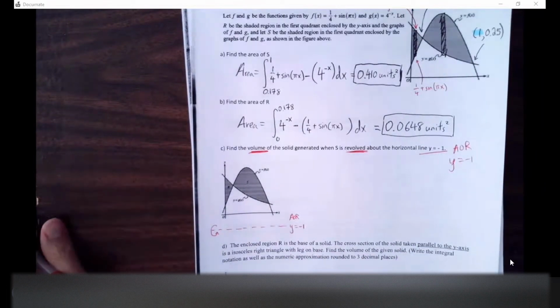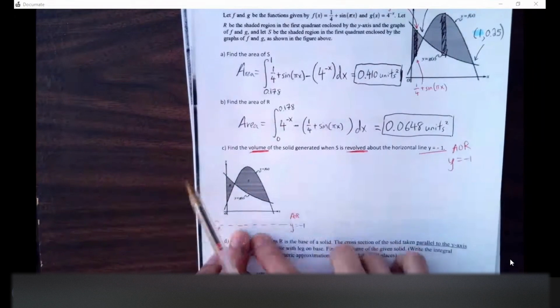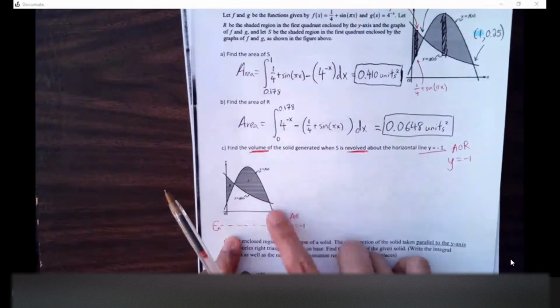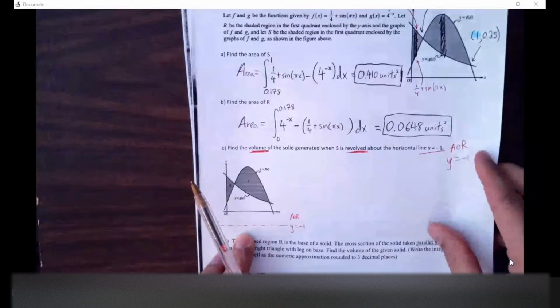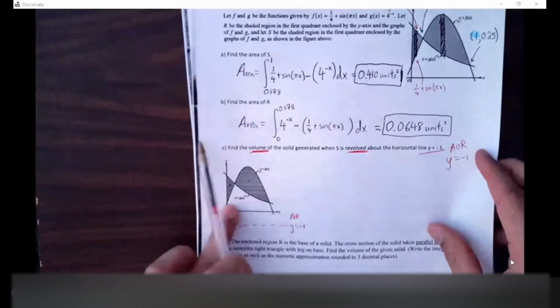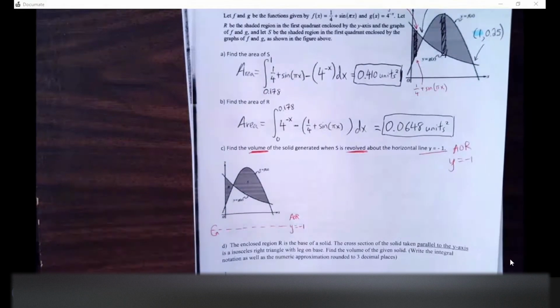Is this going to be disk method or washer method? Washer. Yeah, washer method. We see this huge gap between the axis and the shaded region. So this is going to be washer method, which means that we have to rely on a second radius to subtract all this space out so that we don't include it in our volume calculation.